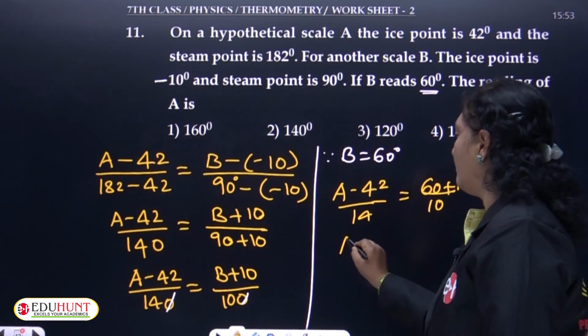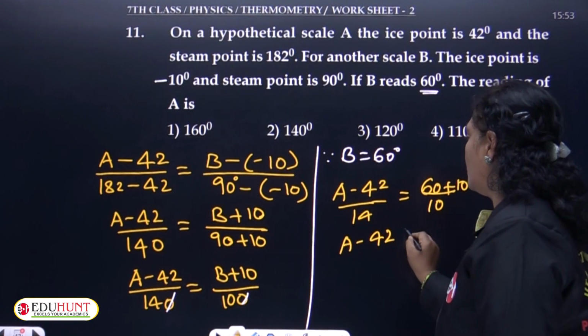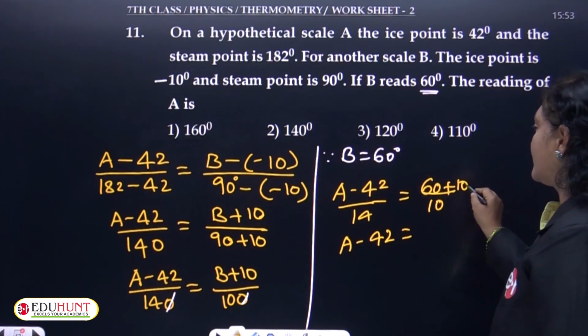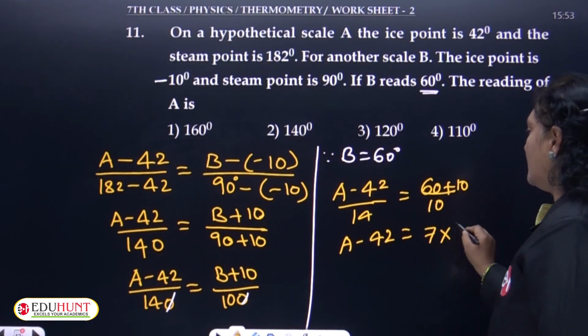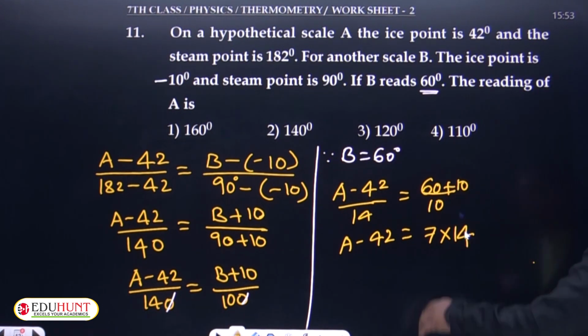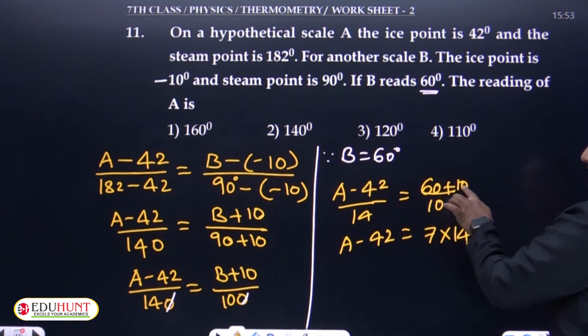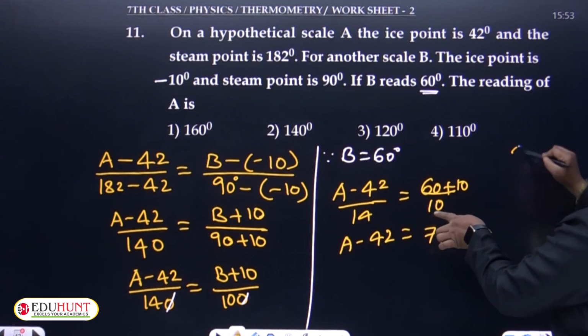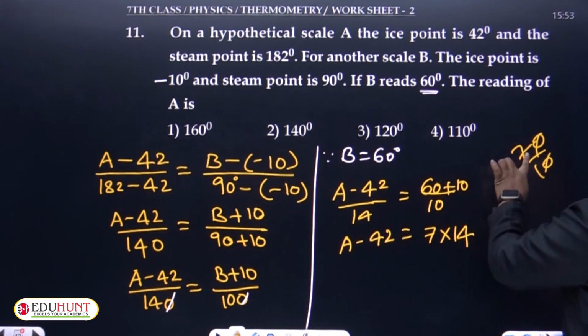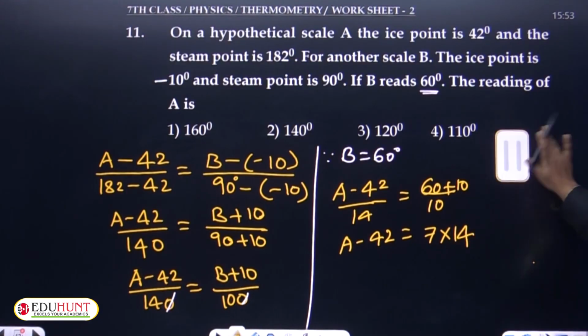So finally we have A minus 42 is equal to (60 plus 10) upon 10. 60 plus 10 is 70, 70 upon 10 is 7. So 7 and 14, if you bring it here, 7 times 14, that's it.